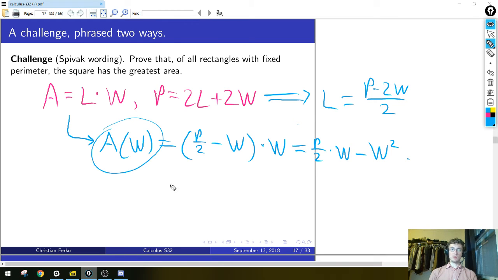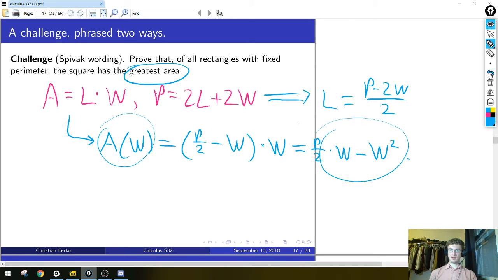We have a function for the area, and now we want to maximize that function, right? We want to find the case with the greatest area. So what should I do to maximize this function A of W in terms of W? Do we want to find some point where negative W squared equals W?